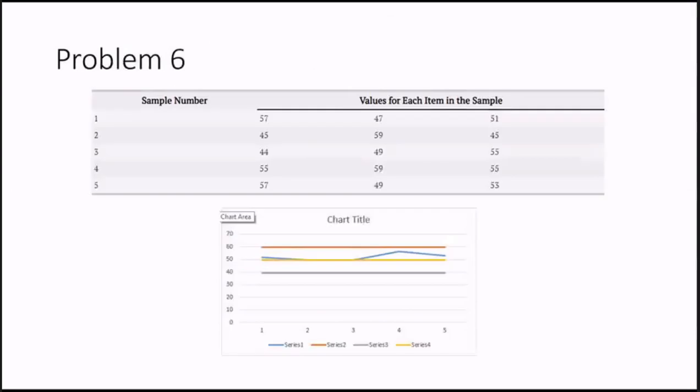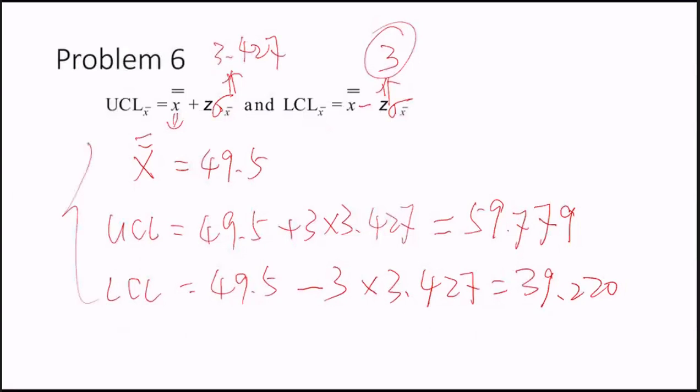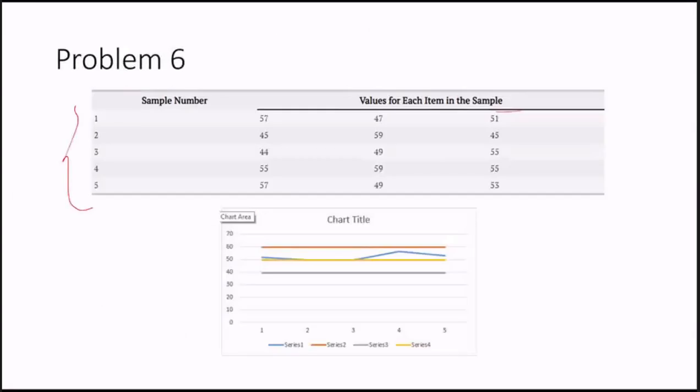And what about the following question for problem 6? If you continue collecting data and you have the following 5 samples, and you pick up the items for each sample and you obtain the numbers over there. According to what we obtain here, we will be able to draw the orange line, the yellow line, and the silver line. We are able to construct this control chart.